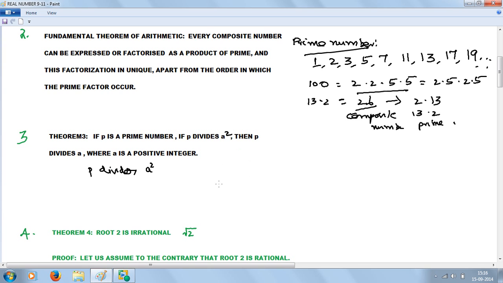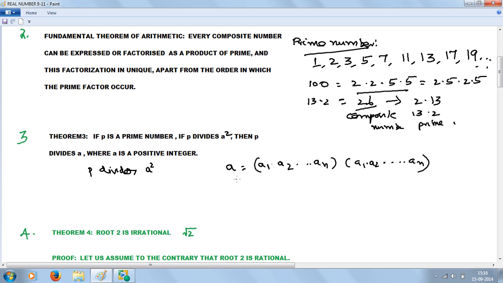Then P divides a, where a is a positive integer. So let us take what a is. Let us take a consisting of a1, a2 or anything. So what is a square? The same prime factors multiplied by again a1 multiplied by a2.